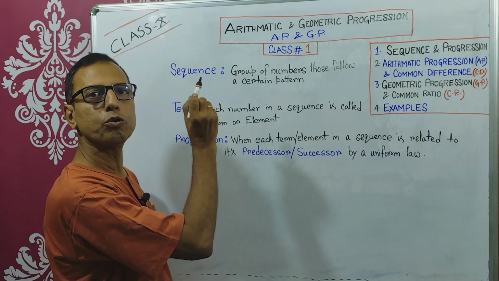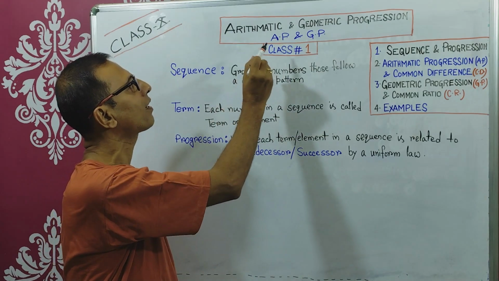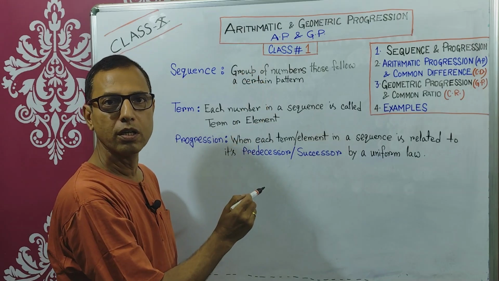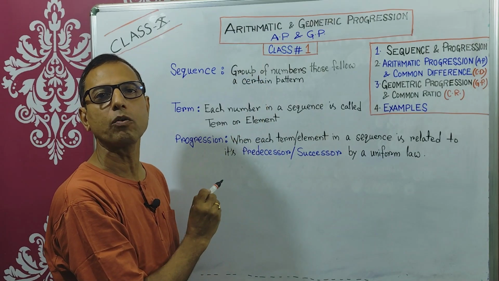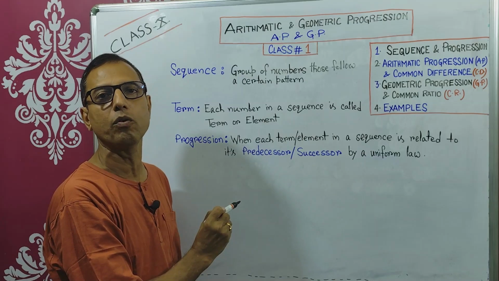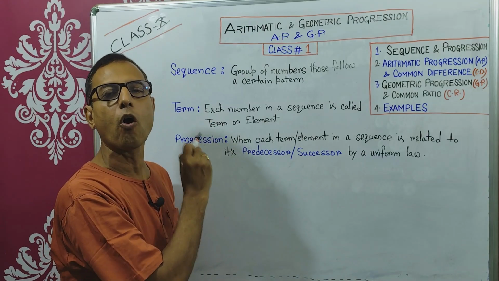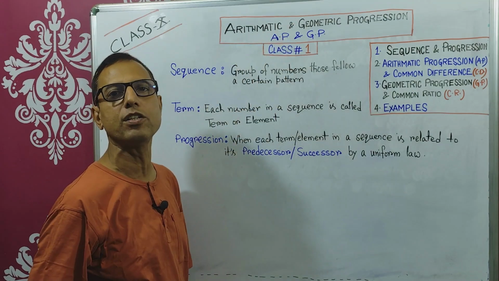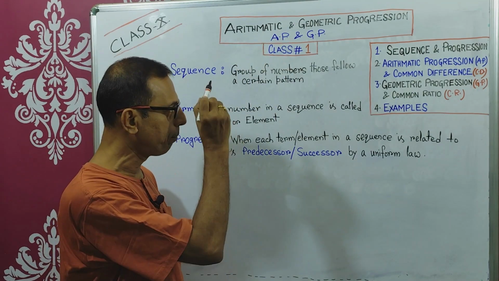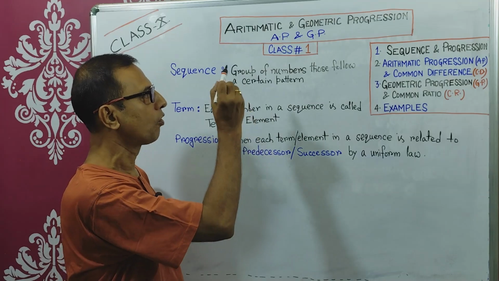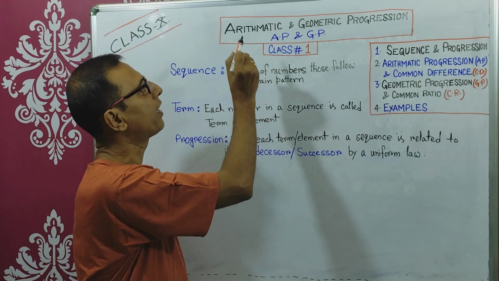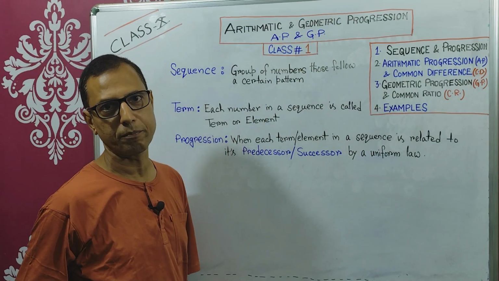I suggest you understand each class. If you understand each of the videos, then the fundamental idea of the entire chapter will be clear to you, and I'm sure you will be able to solve all the problems related to AP and GP. So please go through all the videos in my channel on arithmetic and geometric progression.